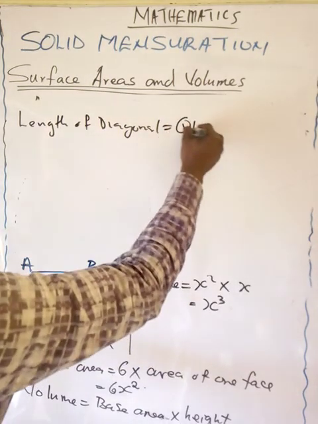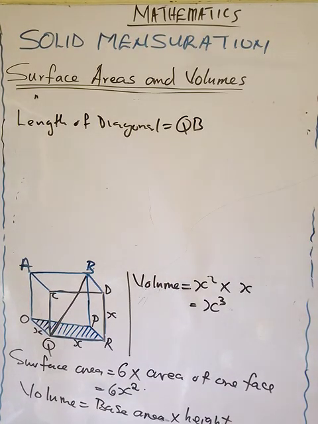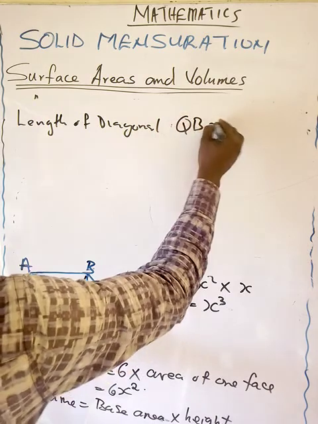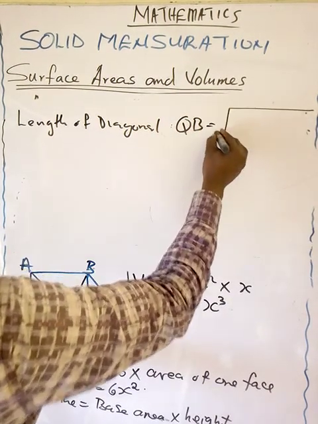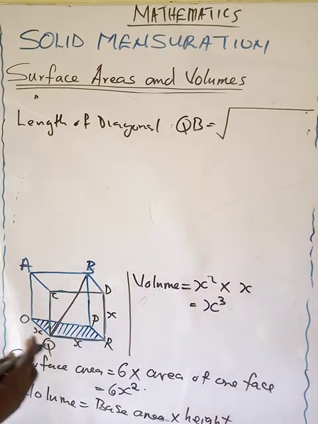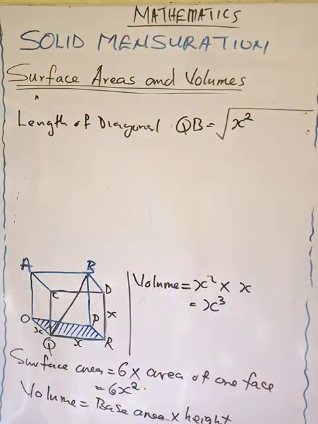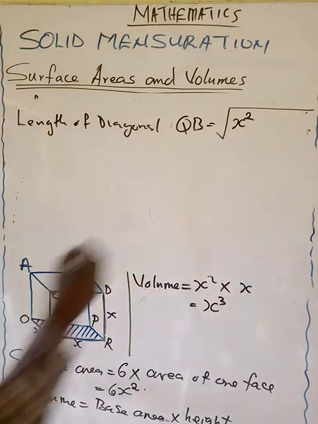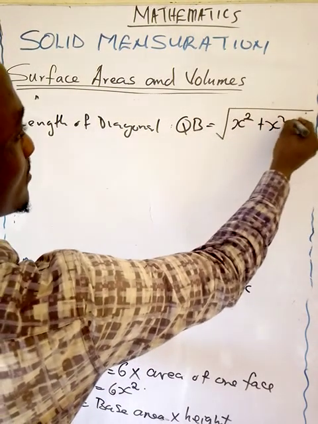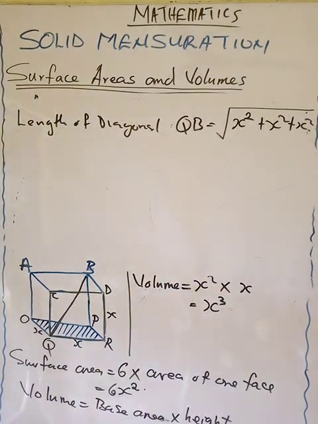And QB equals root of x squared plus x squared plus x squared.